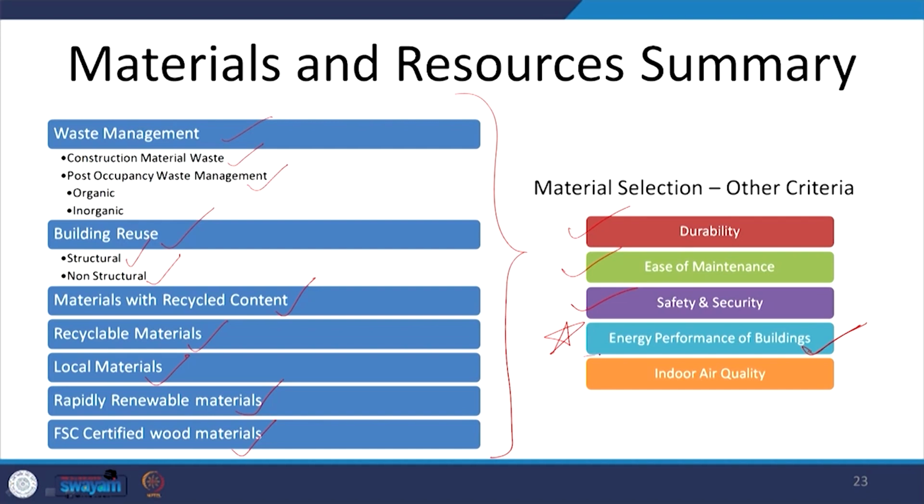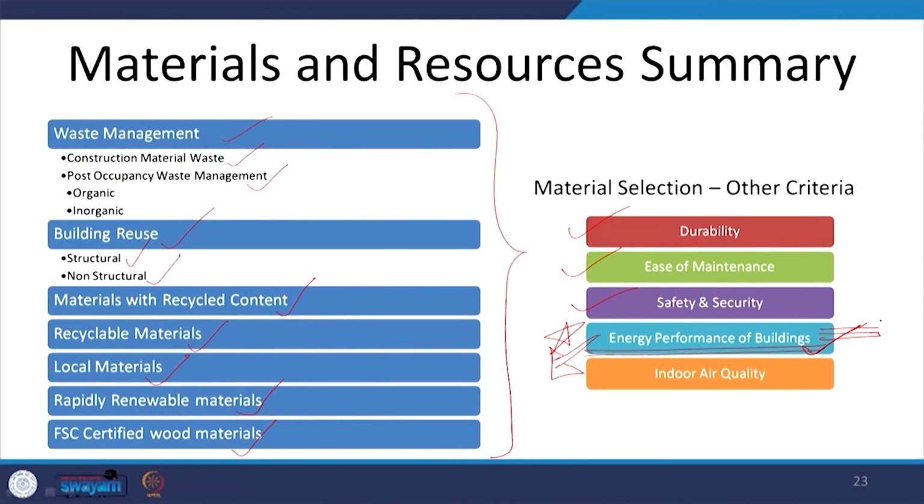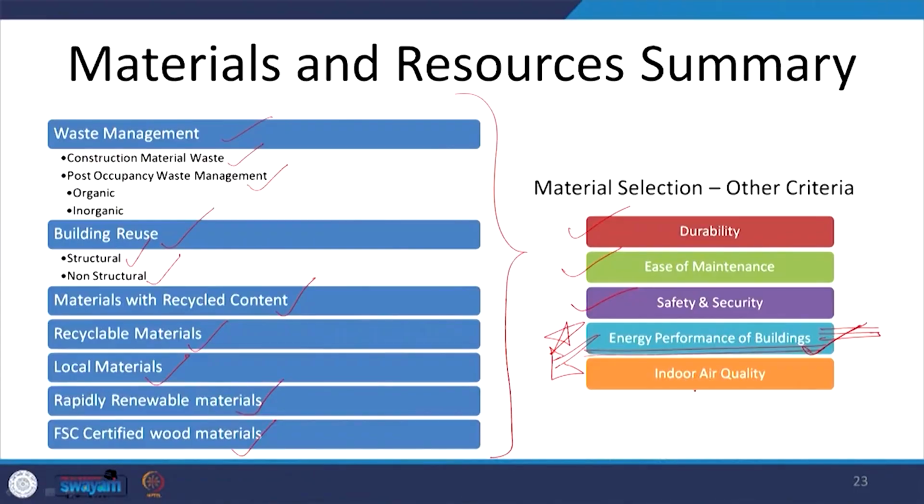Often the energy performance of buildings and the materials which lead towards it is covered as part of the energy topic, and in the subsequent lectures in the coming week we will be talking about the different parameters which determine the energy performance of buildings. Then we also have to look at the indoor air quality and how materials affect that.